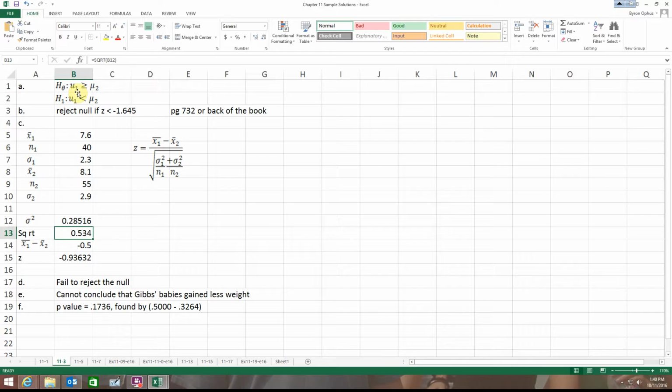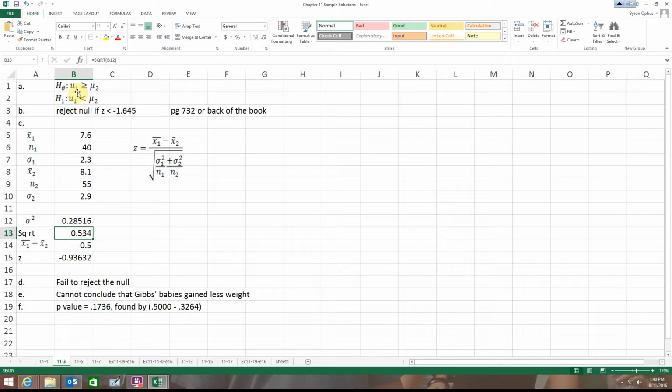A sample of 55 babies using the competitor's brand revealed a mean increase in weight of 8.1 pounds. Ooh, it's bigger. The population standard deviation is 2.9 pounds. It's also bigger. At the 0.05 significance level, can we conclude that babies using the Gibbs brand gained less weight?